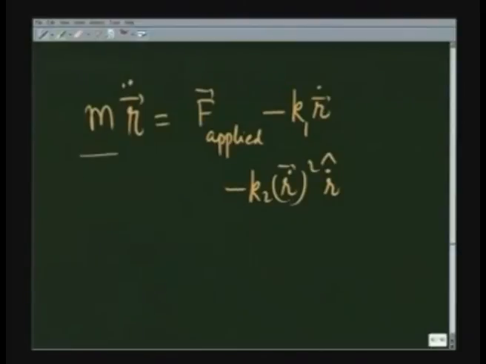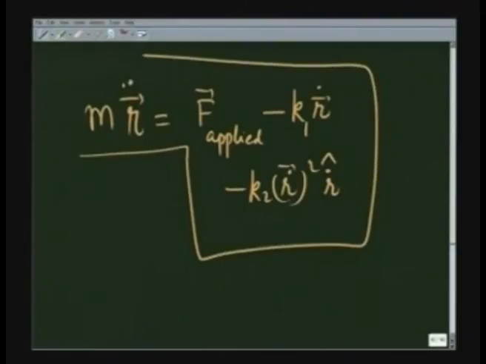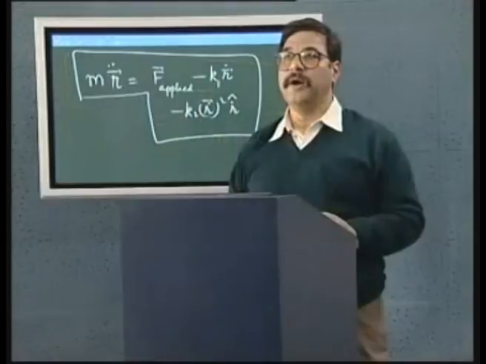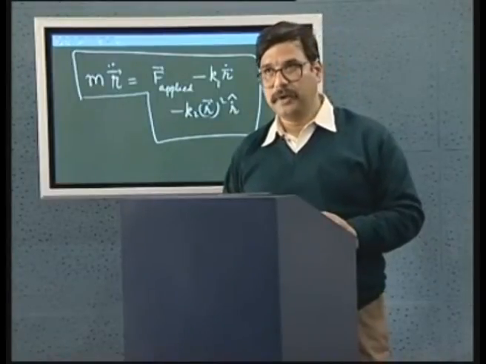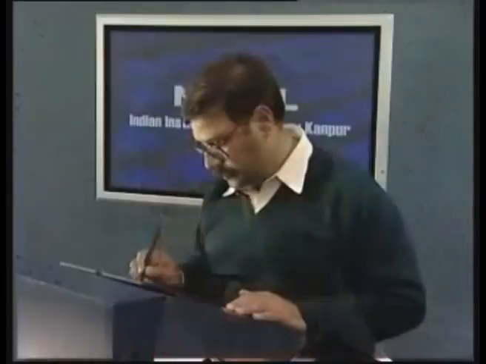And these are not easy to solve. In most of the cases, you have to apply numerical methods to get the final solution. However, there are some cases where you can apply some techniques and get solutions. I'll solve one example to illustrate this, and that would complete our lecture on drag forces.